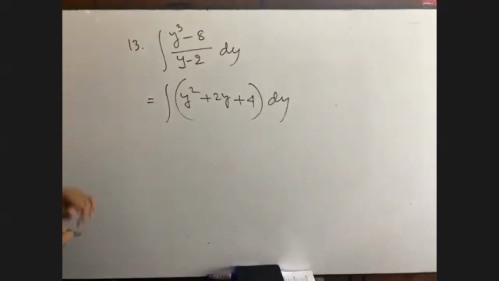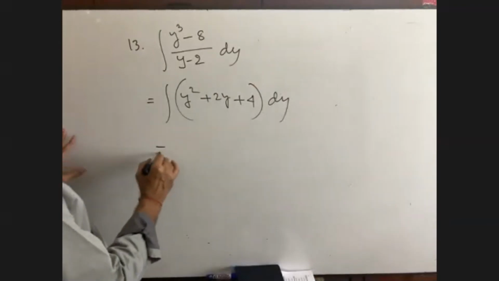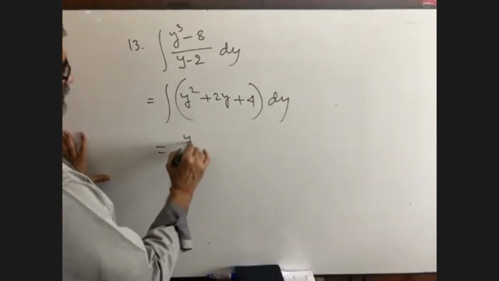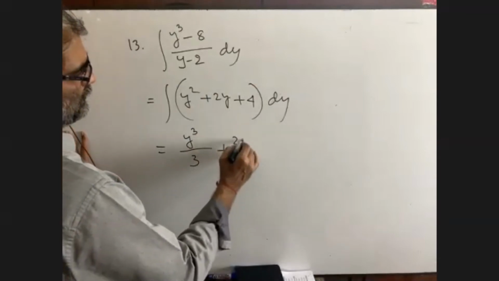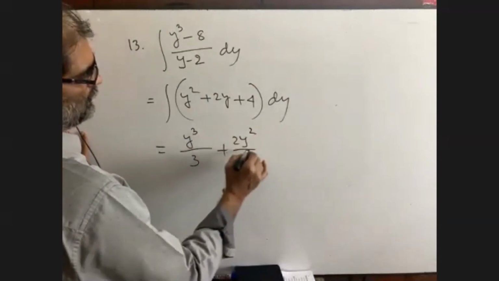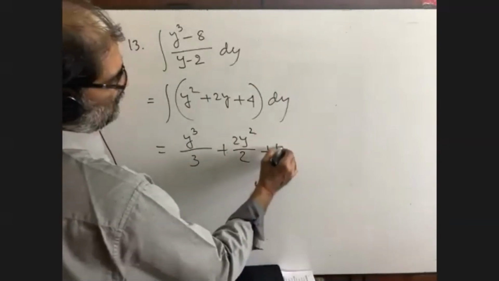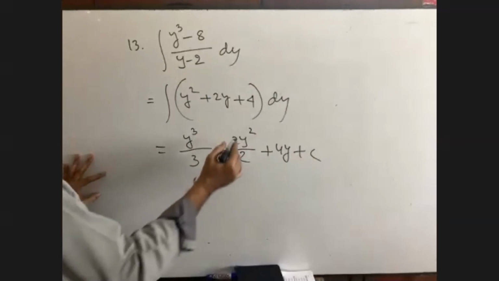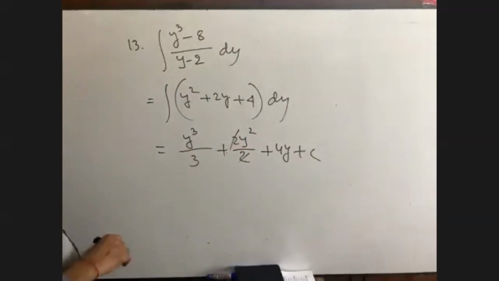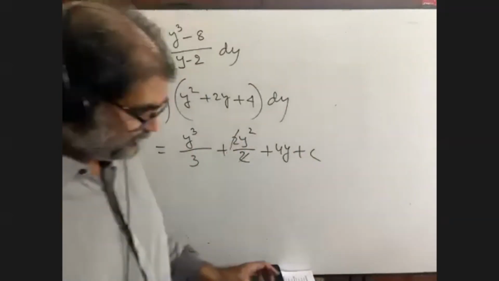I mean, again, if I put the numerator into formula of a cube minus b cube, a minus b into a square plus ab plus b square. I think you can write down y cube by 3 plus y square by 2 plus 4y plus c. Now you cancel these two, you will get the answer. Okay.